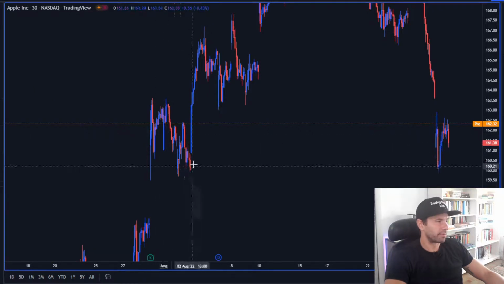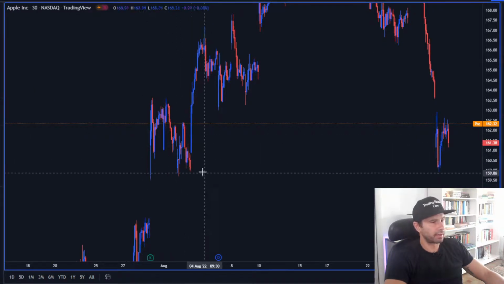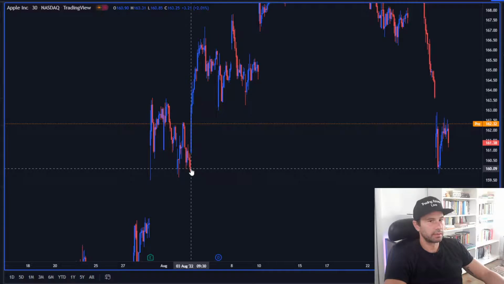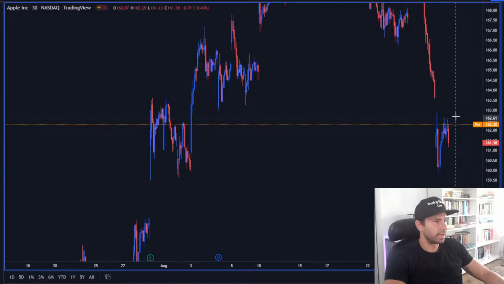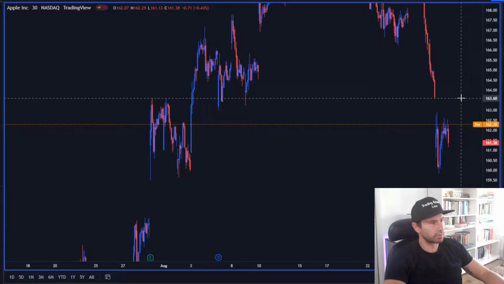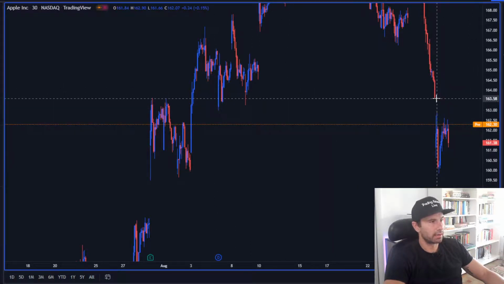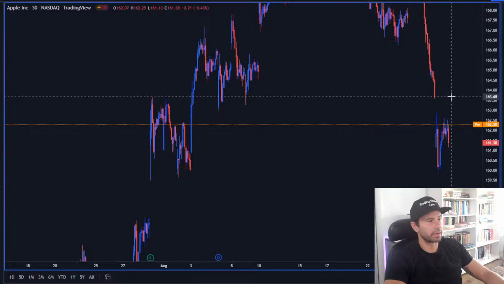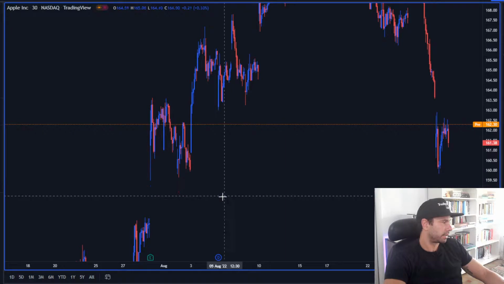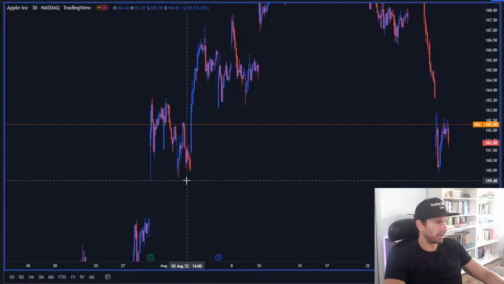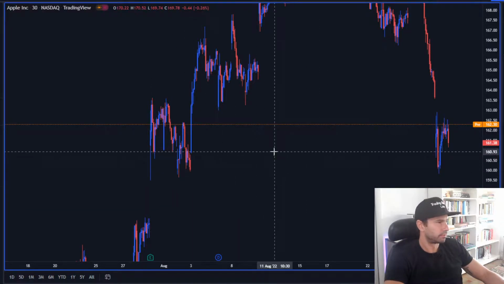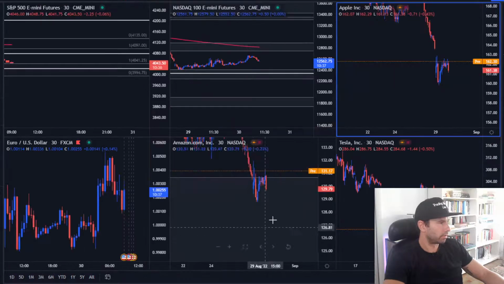We certainly have some demand right here that was tested yesterday. But I do think if we happen to fill this gap, we close it, and then we have this pivot 2, pivot 3 resistance point that are going to influence Apple to the downside, right? We held this gap though. So that's Apple.